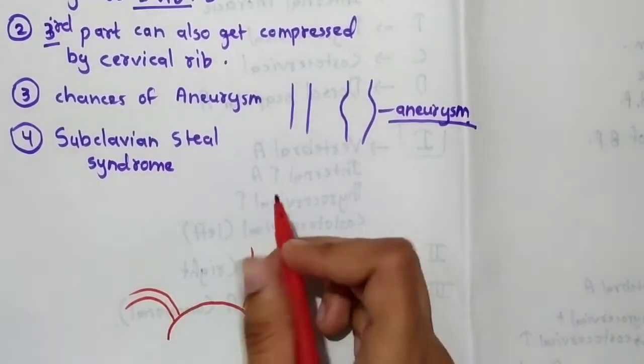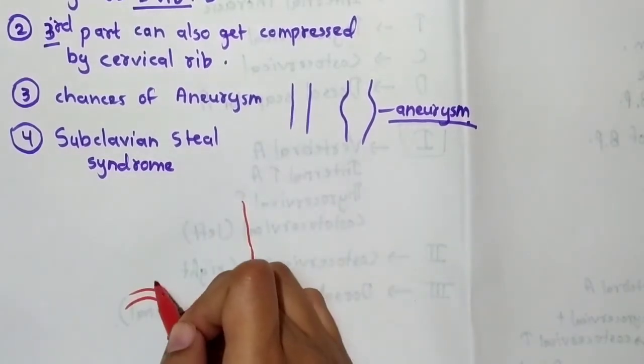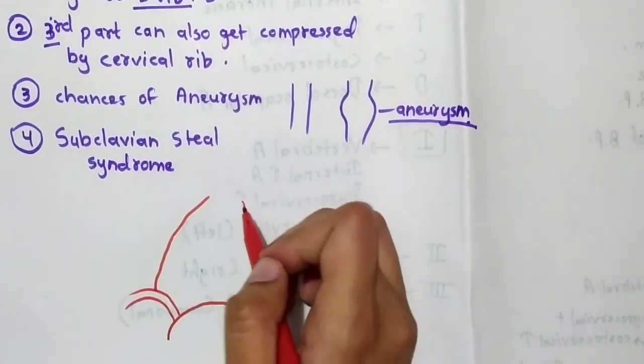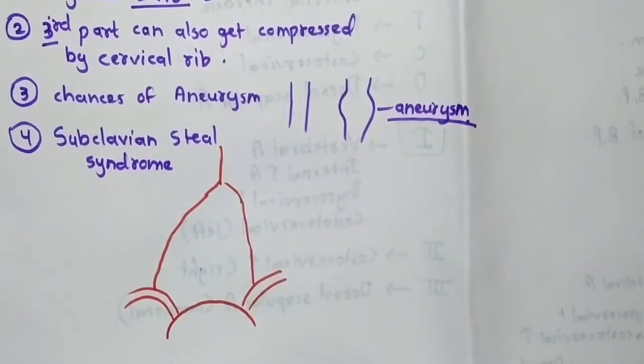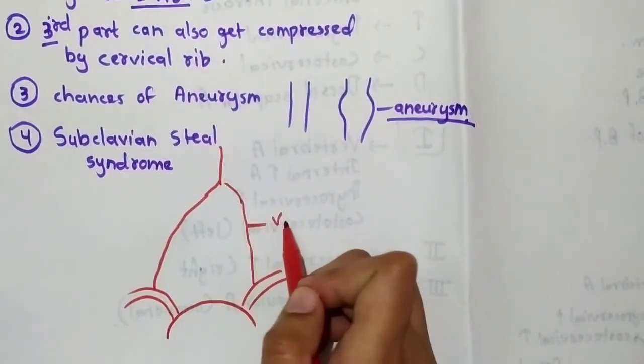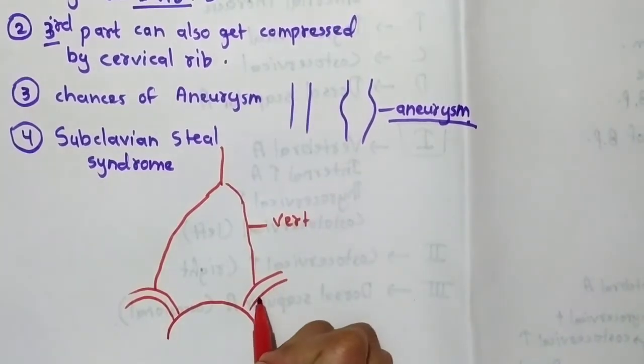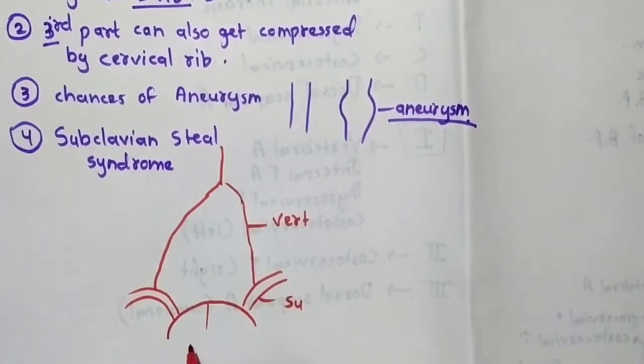From here the vertebral arteries on both sides originate. These combine to form the basilar artery. So these are the vertebral, this is the subclavian, and this is the arch.